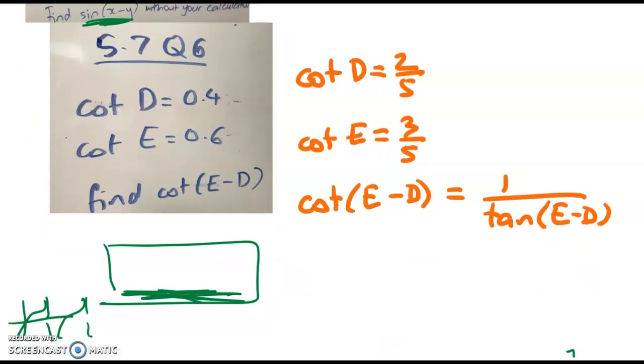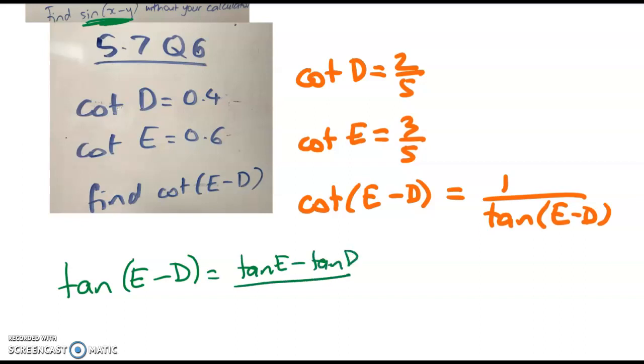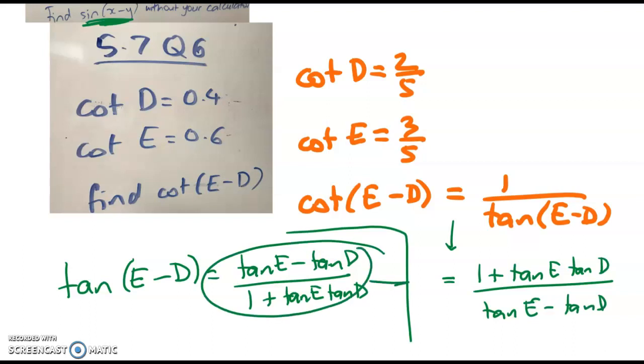And now we're going to use our compound angle for tan. Right, so I'm going to write this out just for people who are still getting their heads around it. Tan of E minus D is going to equal tan E minus tan D over 1 plus tan E tan D. So 1 over that is going to be 1 plus tan E tan D over tan E minus tan D. Right, so it's just this and then flipped upside down.